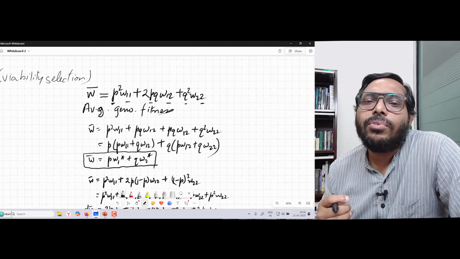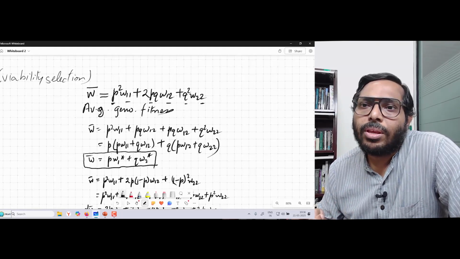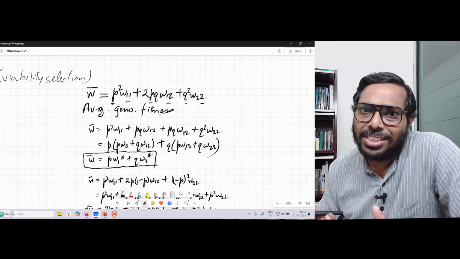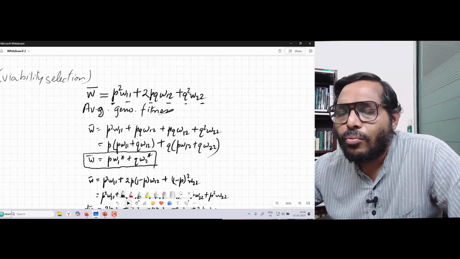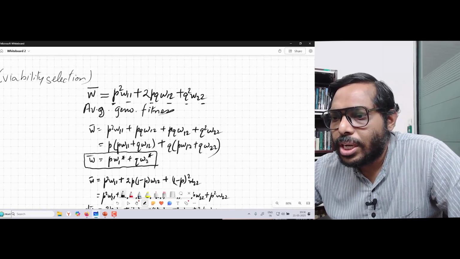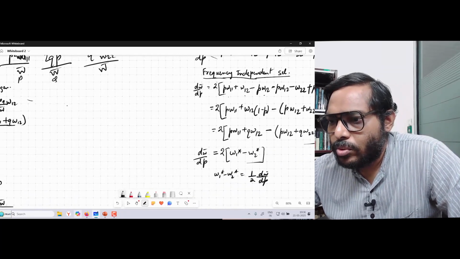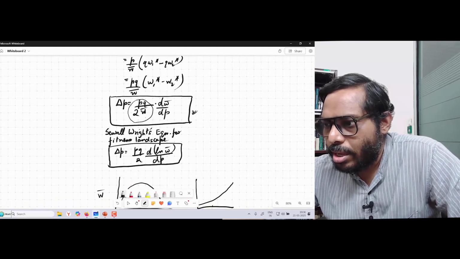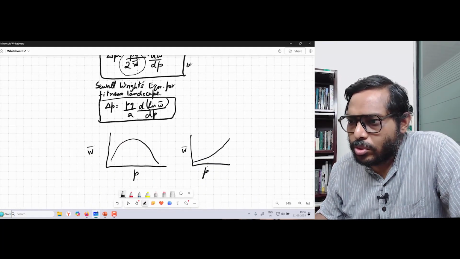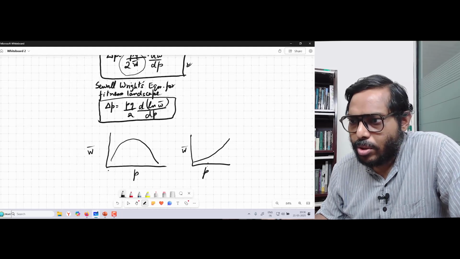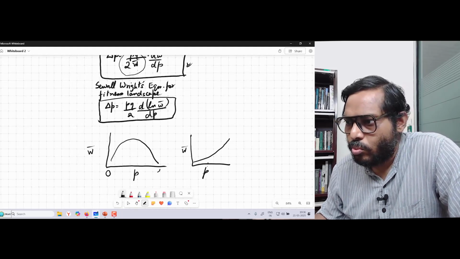Now, what is the meaning of dW bar/dP equal to 0? It means that the allele frequency is not changing. It has gone to an equilibrium. Now, what are the ways in which this equation can go to an equilibrium? So, this is P, going from 0 to 1.